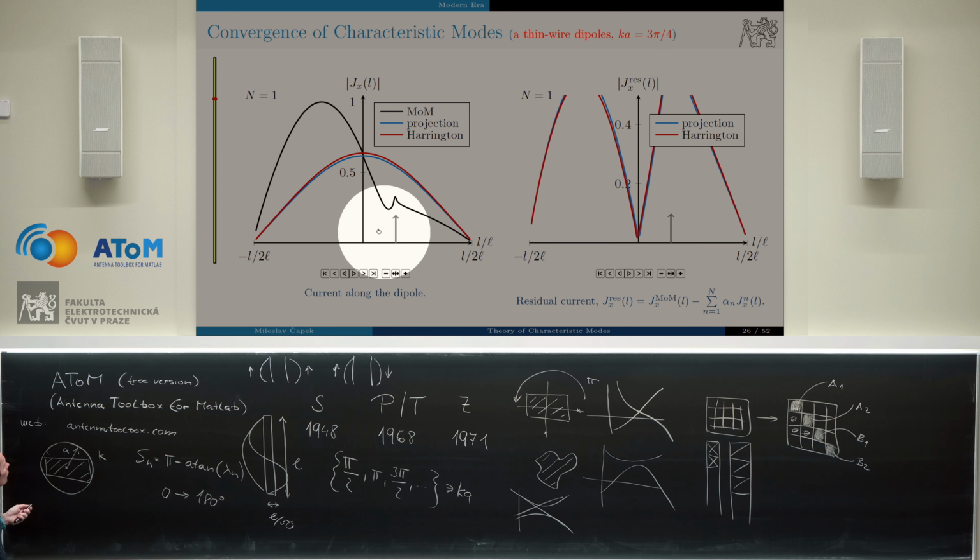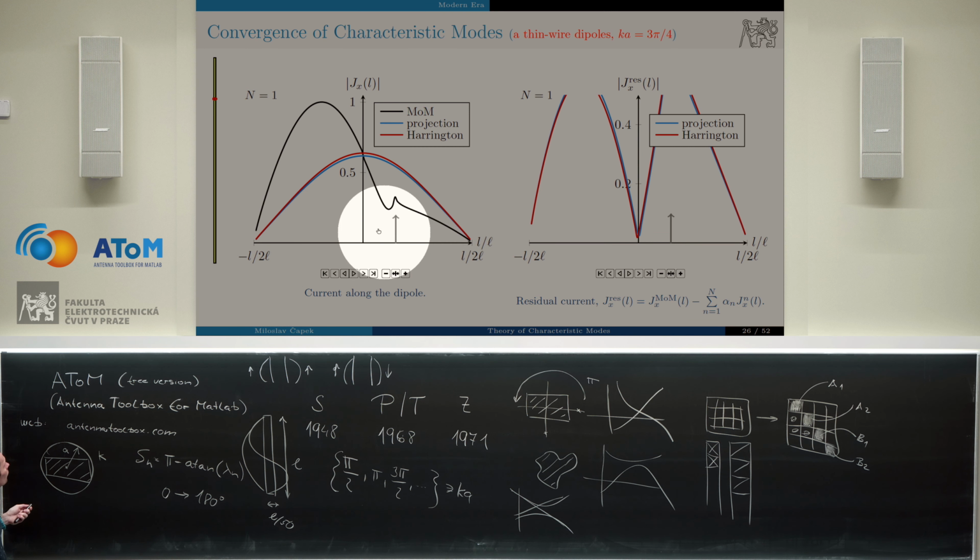And we have three different curves. We have the method of moments solution, which is this curve, the blue one. You can see the nice dip here, which is caused by the localized feeder, which is placed there. And we have also a solution found with the summation of characteristic modes, which is the red line, Harrington's formula. And also we have the blue line for the projection formula I was showing to you.